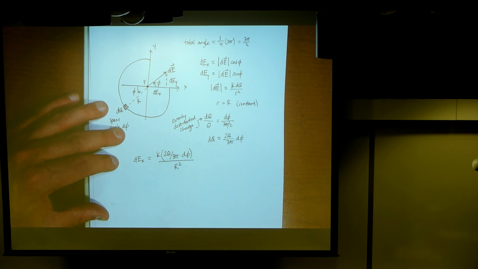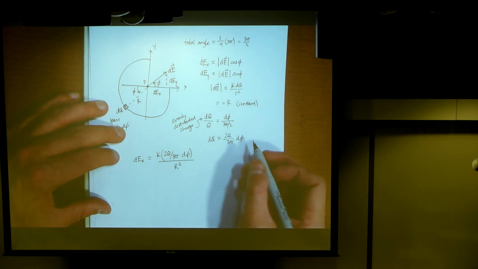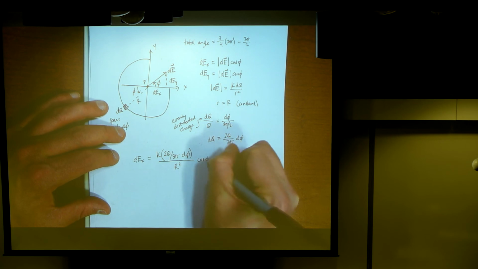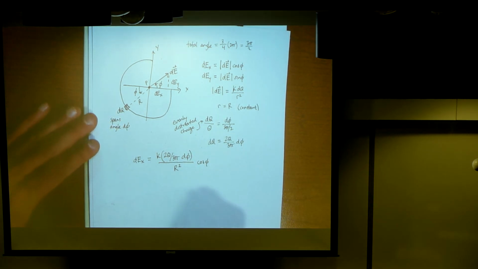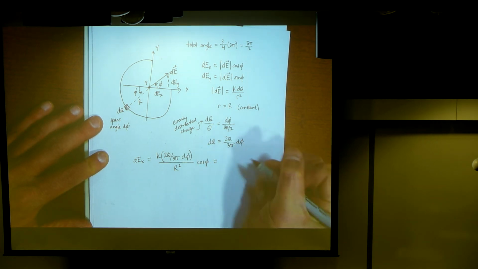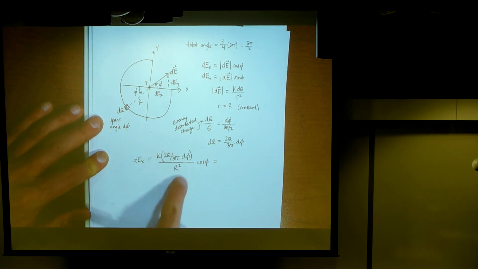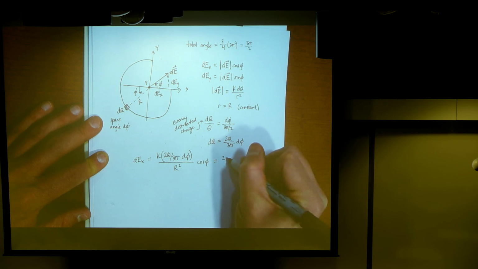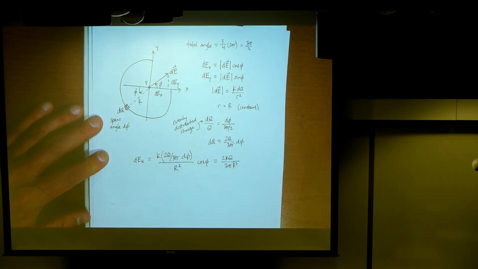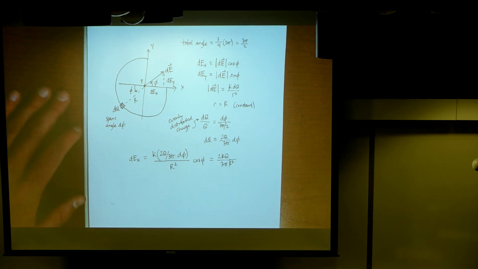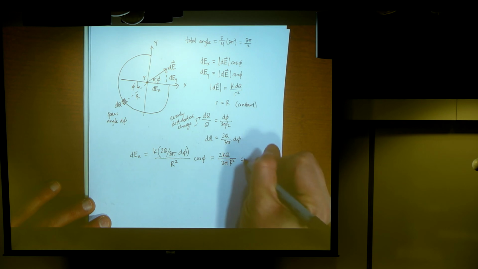And then for the x component, we had cosine, right? So let's just separate out what's constant here and what is not constant. What's constant is all of this stuff, which is 2kq divided by 3 pi R squared. That whole thing is just a bunch of constants, right? And then we have cosine phi d phi.